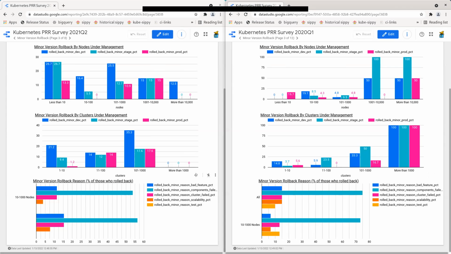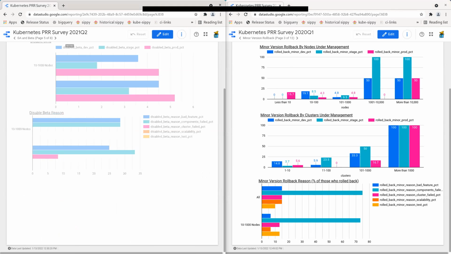It means that we don't have entire components failing. We do have more space being filled in by things like particular feature fails.